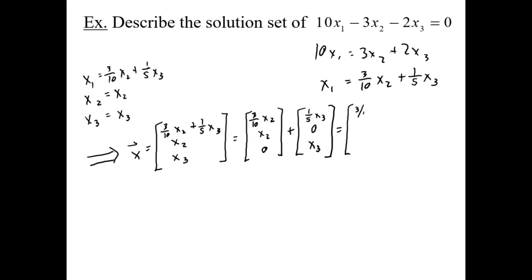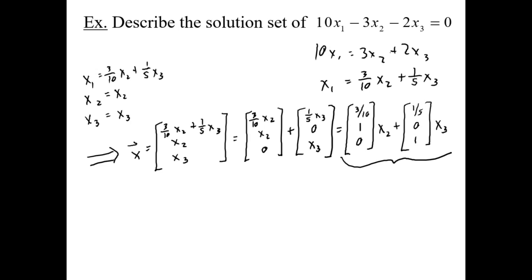So we get 3/10, 1, 0 times x2 plus 1/5, 0, 1 times x3. Notice in this example, we had two free variables. X2 and x3 could be whatever they want to be. And as a result, my solution now is going to be the linear combination of two vectors this time.